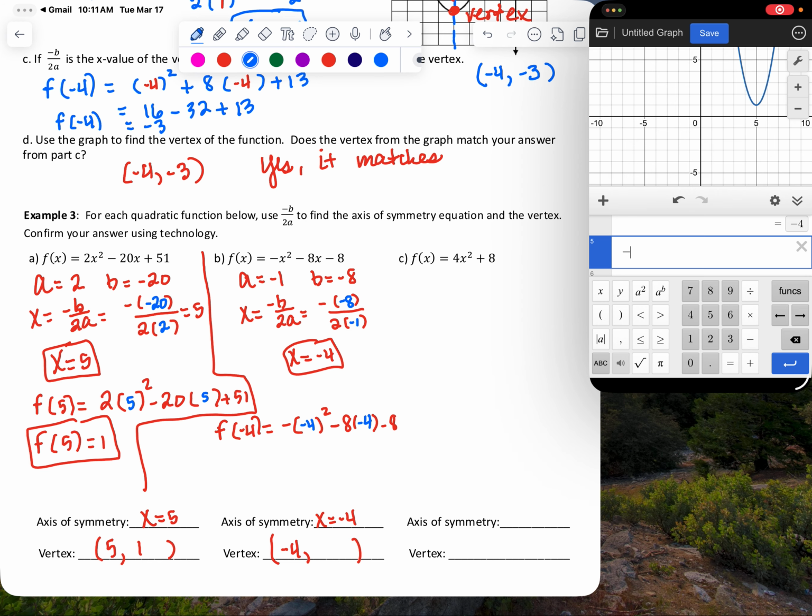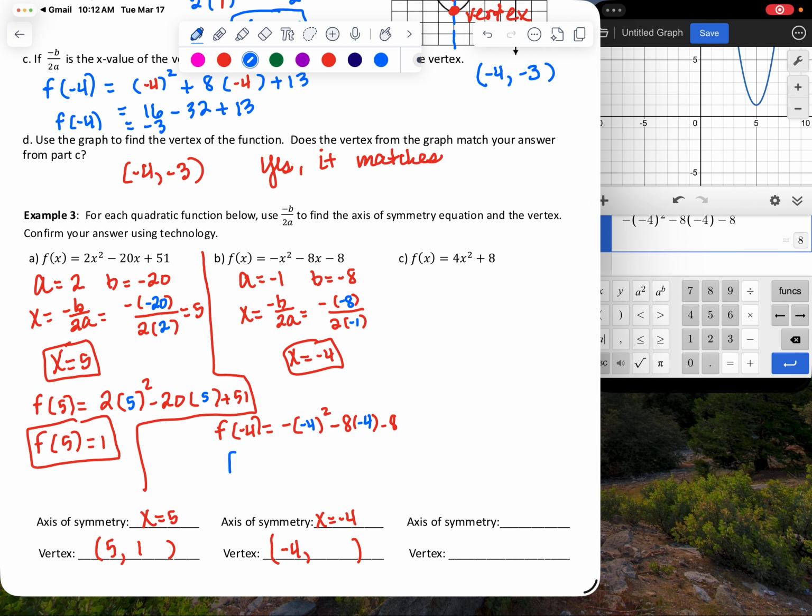You need a negative parenthesis, negative 4 parenthesis squared, minus 8 parenthesis negative 4, close parenthesis, minus 8. All right, let's see what we get. So f of negative 4 is positive 8.